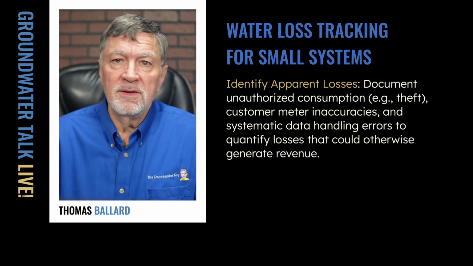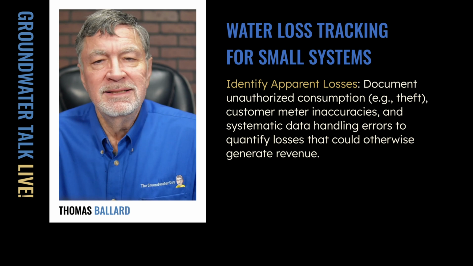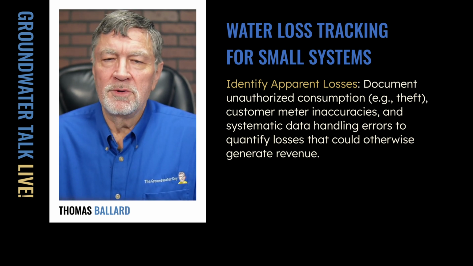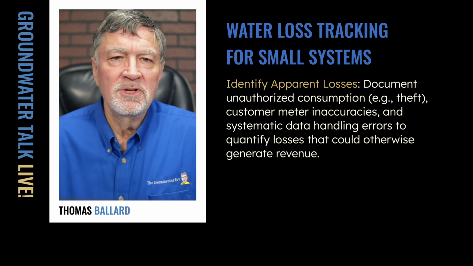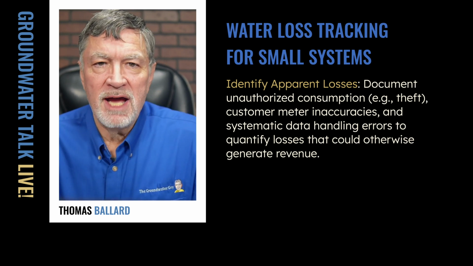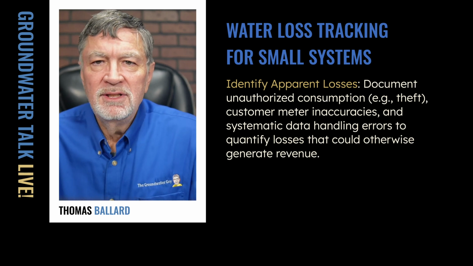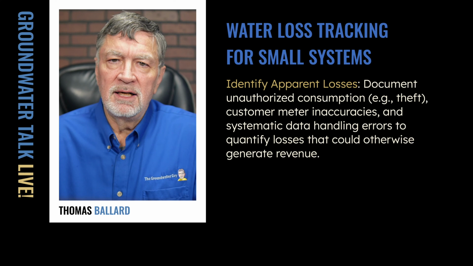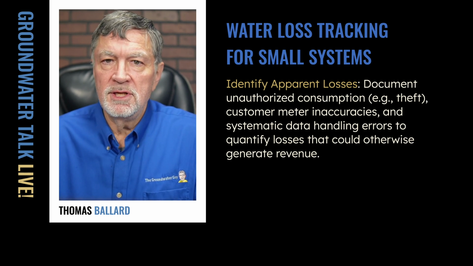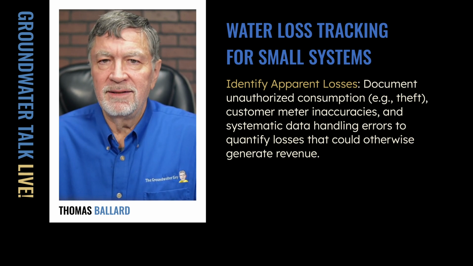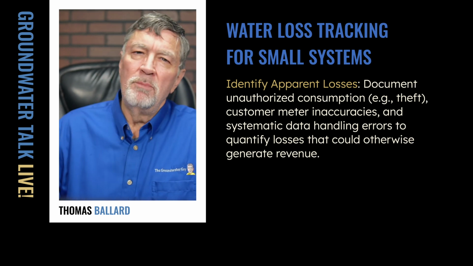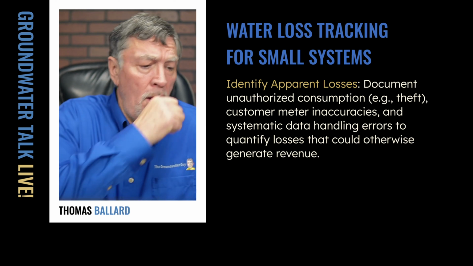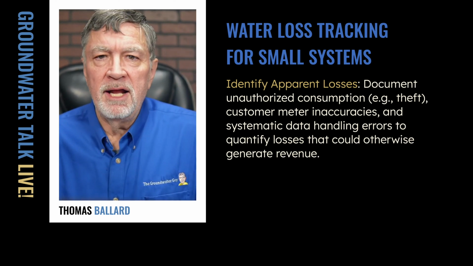All right, identify apparent losses. So that's documenting the unauthorized consumption, which once again, theft, whether it's stealing from hydrants, whether it's unauthorized taps, those types of things. You got to track that stuff down and identify that. Customer meter inaccuracies and systematic data handling errors. Now, bookkeeping, usually that's not going to be too systematic.